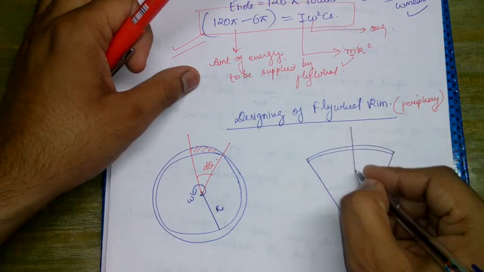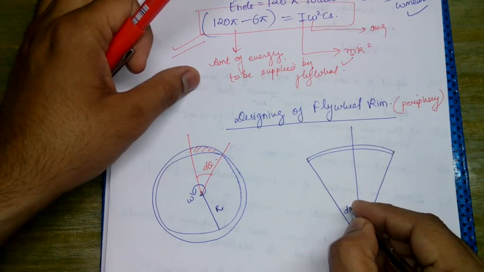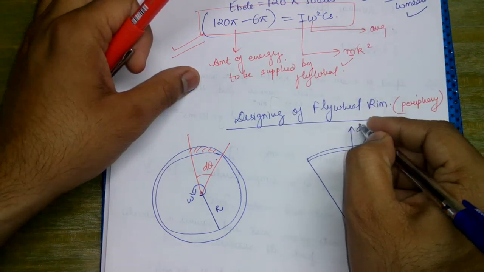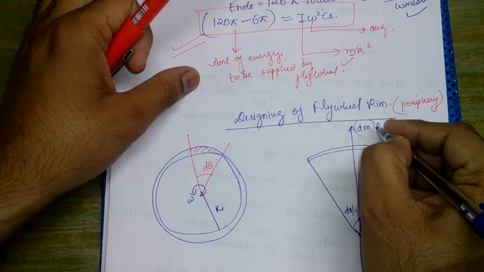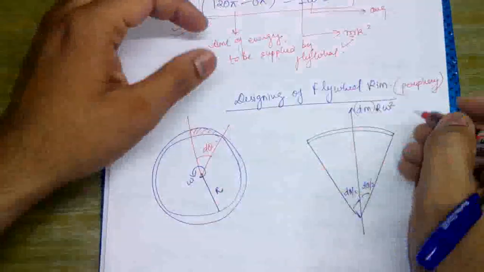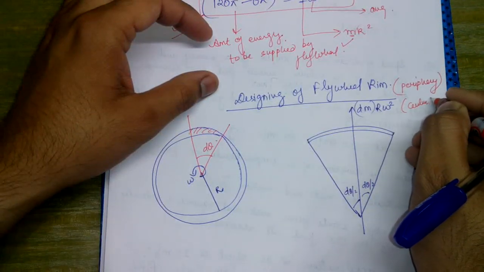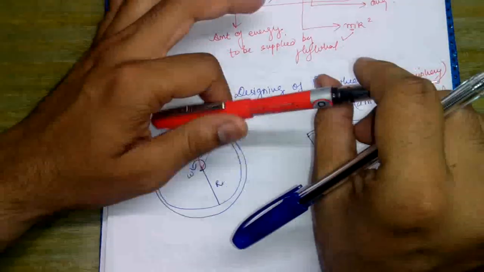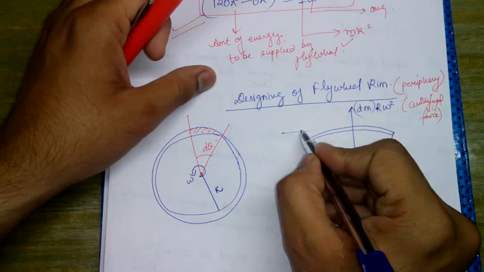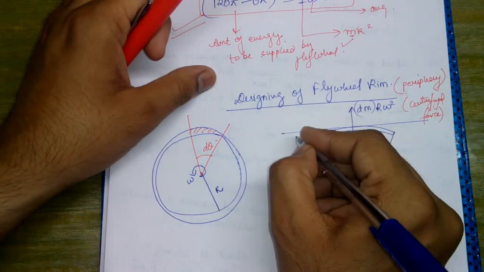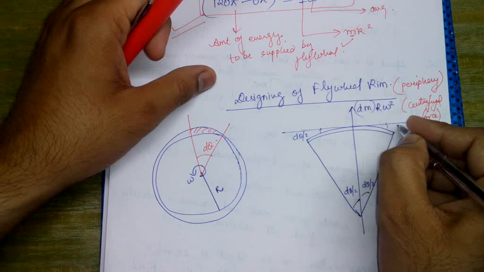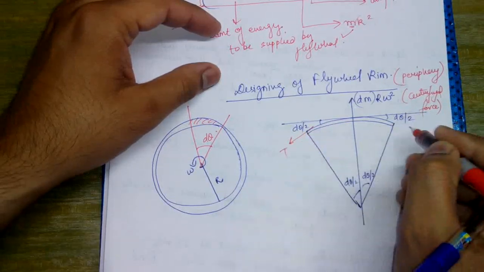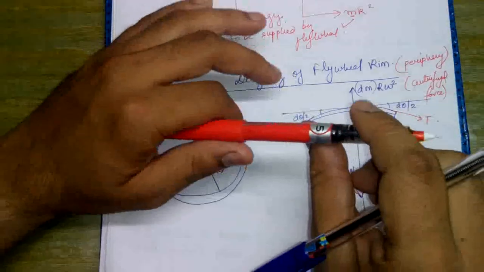Okay, this angle is d theta by 2, this angle is also d theta by 2, this is dm r omega square. So this would be the centrifugal force, and this is actually d theta by 2, this is d theta by 2, and the tension would be acting in this direction.